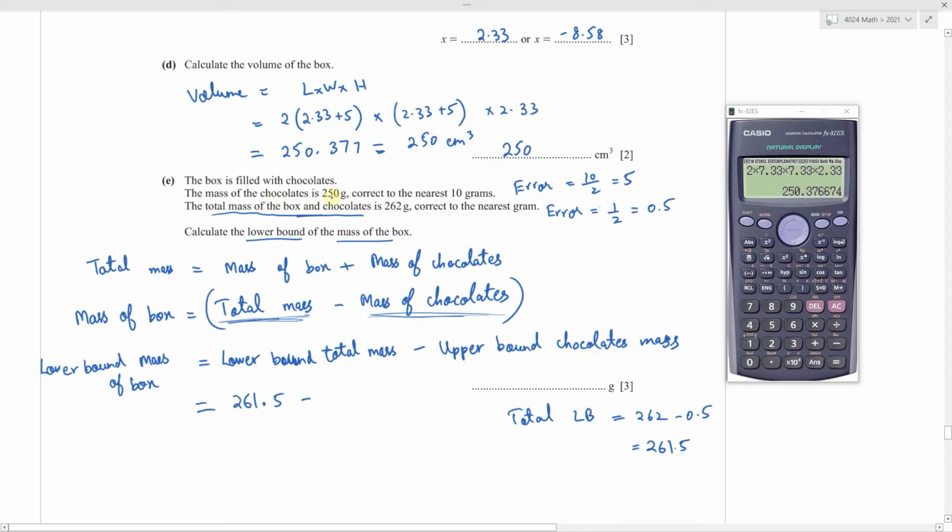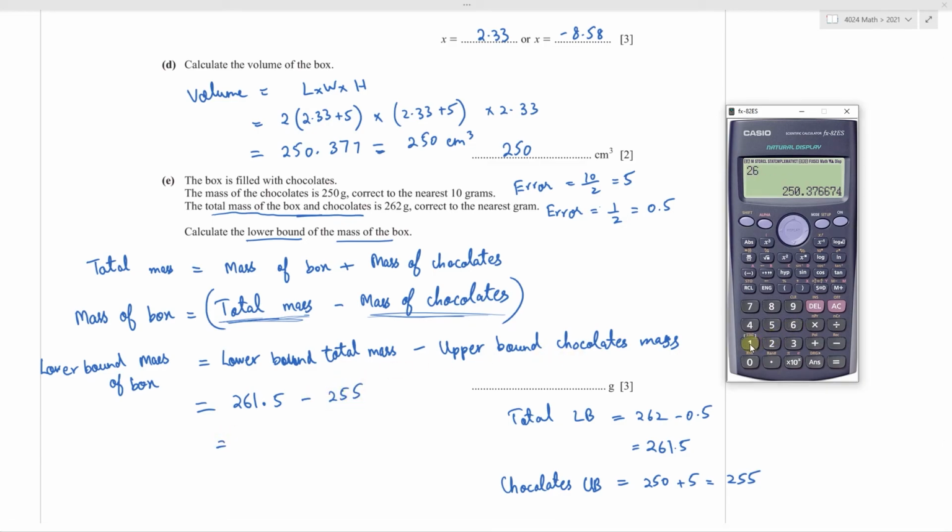The mass of chocolates is 250 gram, so the upper bound will be 250 plus the error value, which is 5. So this is 255.